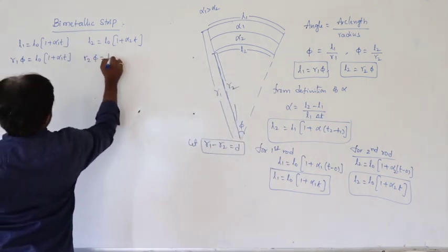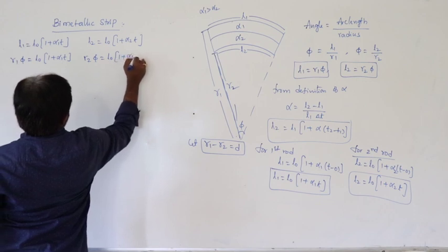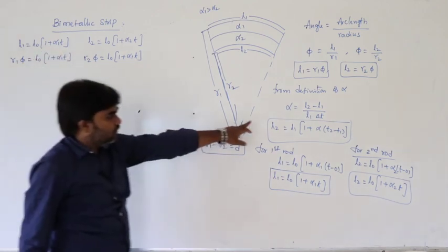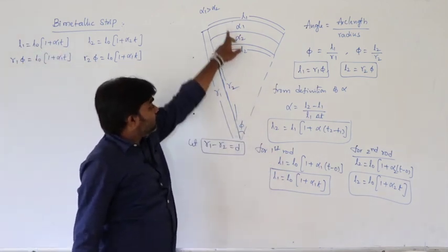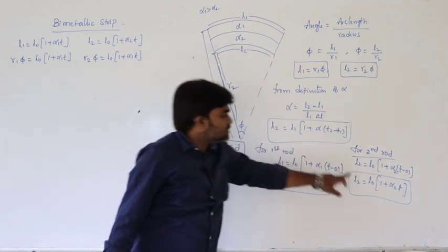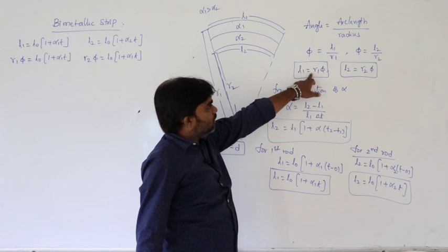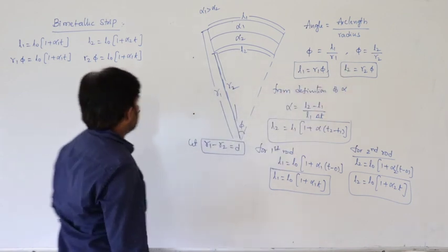So R2 phi is equal to L naught into 1 plus alpha 2 t. According to the coefficient of linear expansion, these are the final length of the first rod and the final length of the second rod.